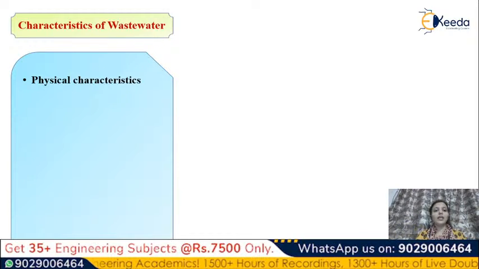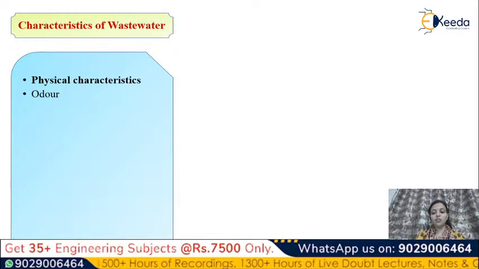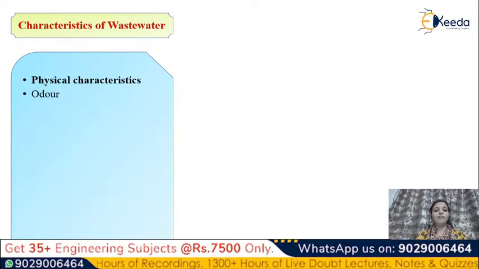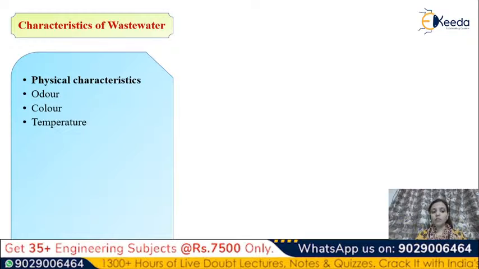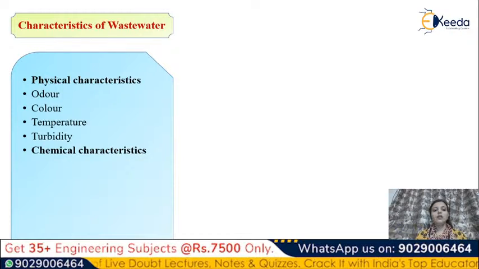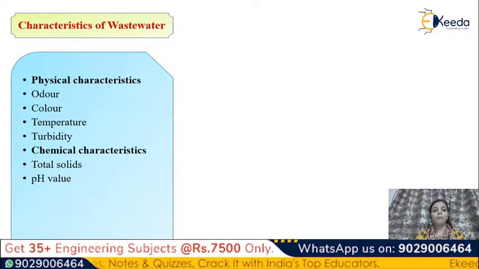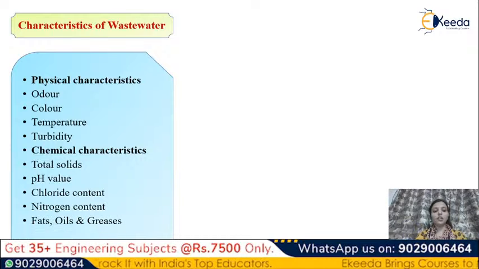So what are the characteristics? The physical characteristics. Under physical characteristics, there are different parameters such as odor, color, temperature, and turbidity. Under chemical characteristics: total solids, pH value, chloride content, nitrogen content, and fats, oil, and grease.